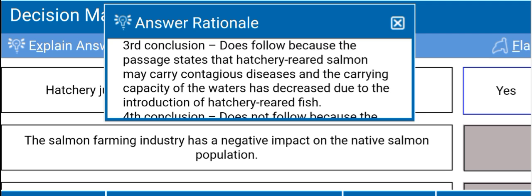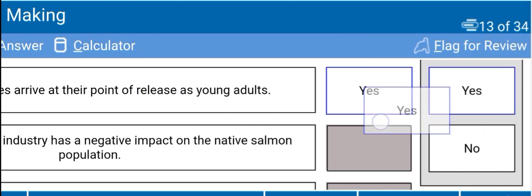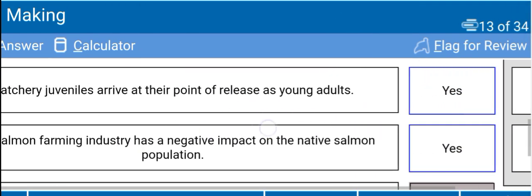So this third conclusion does follow, so that's why we will drag a yes and drop it in front of this conclusion.